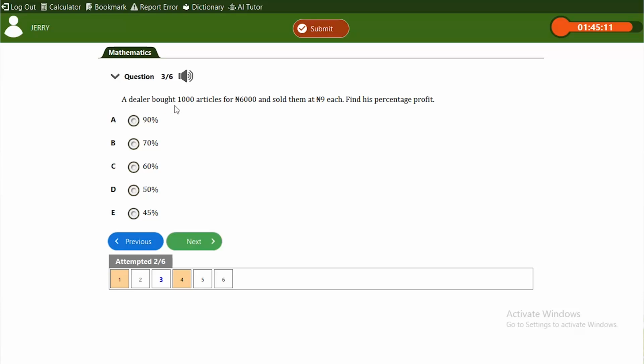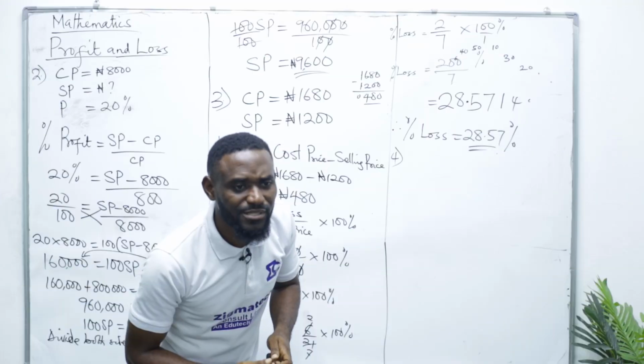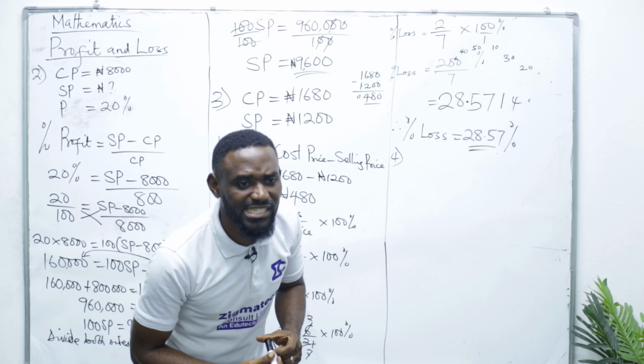A dealer bought 1,000 articles for 6,000 naira and sold them at 9 naira each. Find his percentage profit. Okay, so let's look at this. A dealer bought 1,000 articles for 6,000 naira.